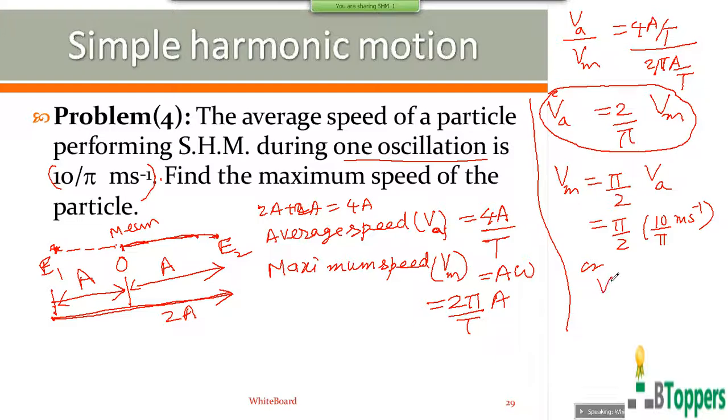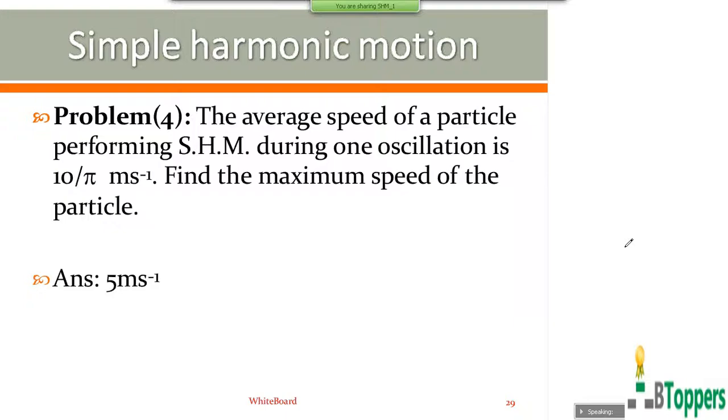Therefore, the maximum speed during the oscillations is 5 meter per second. That will be the answer. Those who want to copy the working can pause and copy it. Therefore, the answer for problem 4 is 5 meter per second.